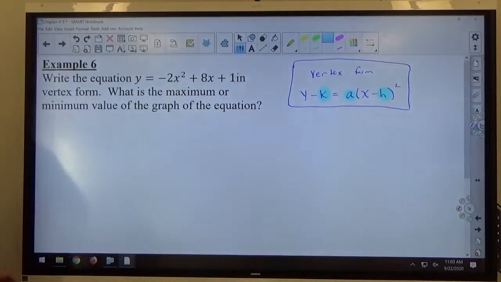All right, vertex form looks like that. y minus something equals something times x minus something squared. That's vertex form.